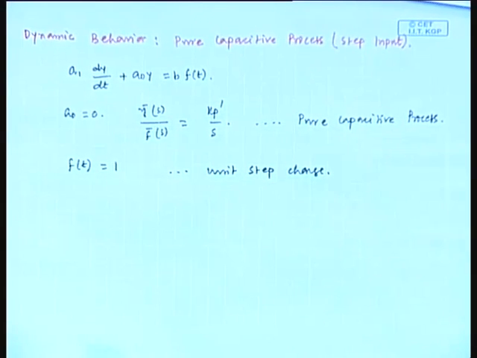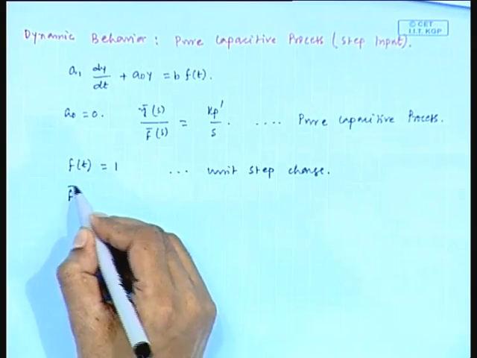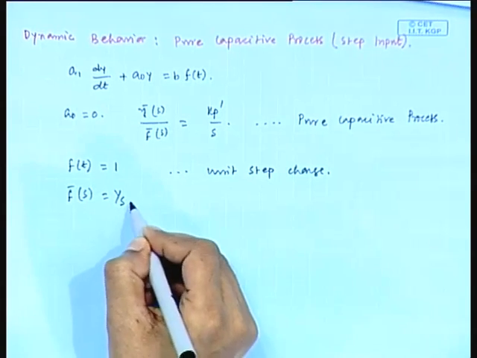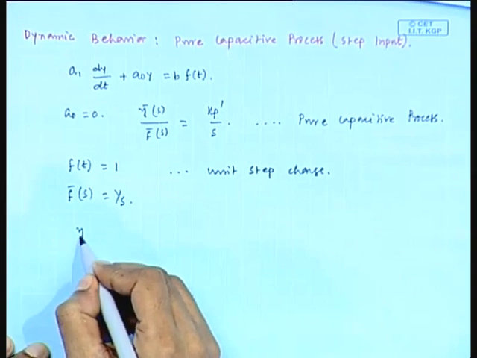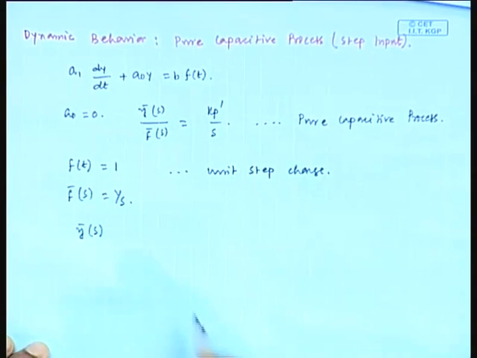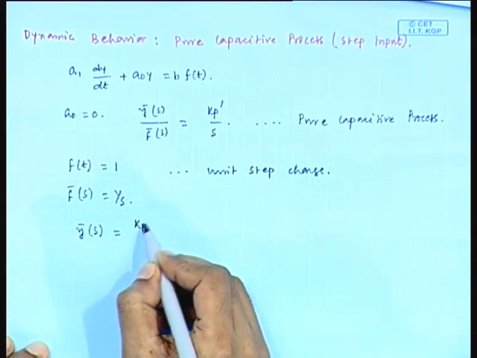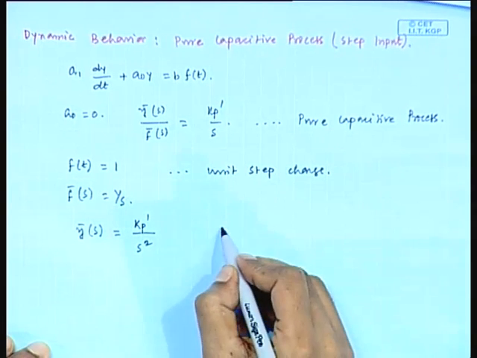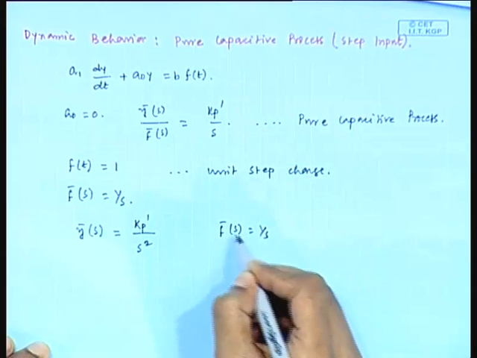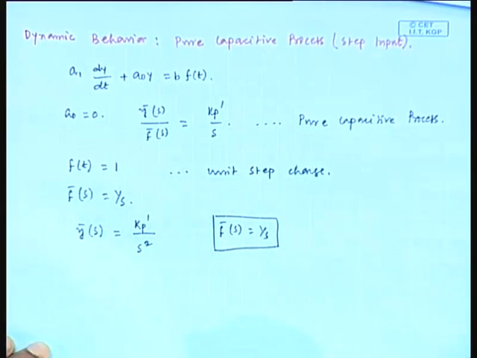To observe the transient behavior of a process, we need to introduce some change in the input variable. So, for that we are considering a unit step change. So, in Laplace domain we can write this as 1 by s, fine. Then what will be y bar(s)? Y bar(s) becomes Kp prime divided by s square, because f bar(s) equals 1 by s, fine.